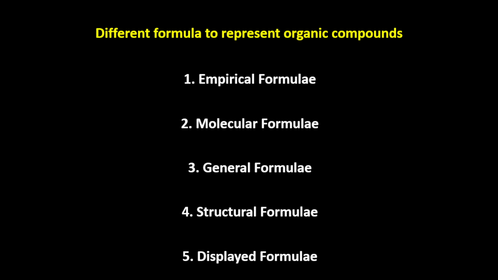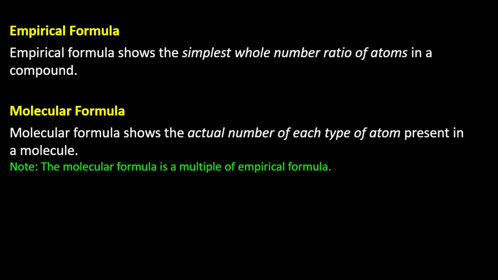So there are many different formulas to represent organic compounds, as you can see on the screen right now, and I'll explain each of them. First things first is the empirical formula. It shows you the simplest whole number ratio of atoms, and the molecular formula shows you the actual number of each type of atom present in a molecule.